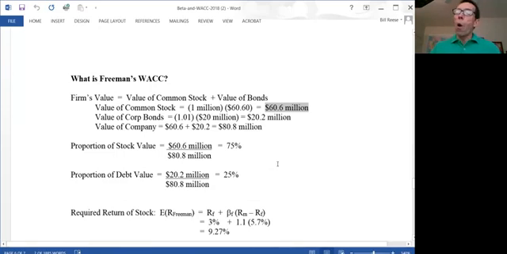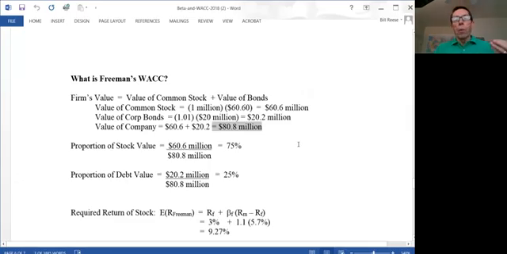What about if you wanted to buy all the bonds? Well, remember, we said the face value was $20 million, but it's trading for a price that is 101% of that. So 101% of $20 million is going to be $20.2 million. So the enterprise value, the value of the equity plus the value of the debt, if we assume there's no cash on hand, is the value of the company, which is $80.8 million, the addition of the value of the equity plus the value of the debt.